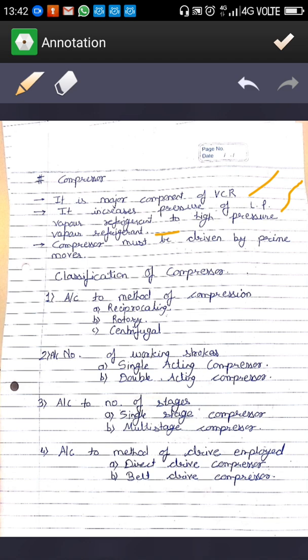Okay, the next one is according to the number of working strokes. First one is the single acting compressor, and another one is the double acting compressor. What is a single acting compressor? You know that while filling the air in our tire tube, there is only one stroke which is going to compress the air, when you pull the piston from top to bottom.